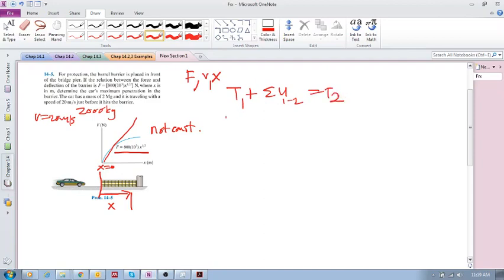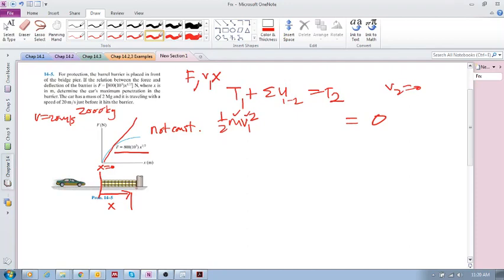So what is T1? T1 is half m v1 squared. And what is T2? Well, we know that V2 is 0 because it comes to a rest, so this is 0 on the right hand side. We've got the mass and the velocity. Now, what are all the forces acting on the car during this time?